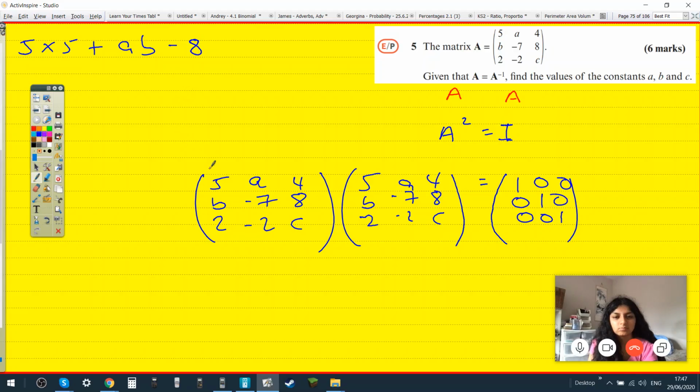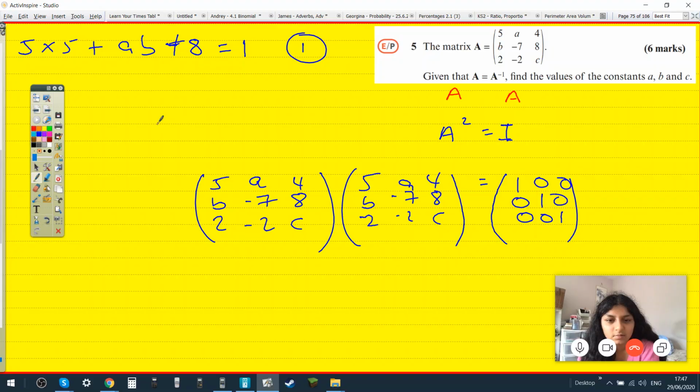Hang on, what were you multiplying again? I did the 4 times the minus 2. Oh, wait, it should be a 2. So it should be plus 8 then. Yeah, so plus 8, and that's the top left one. So that's equal to 1. So that's got A and B.